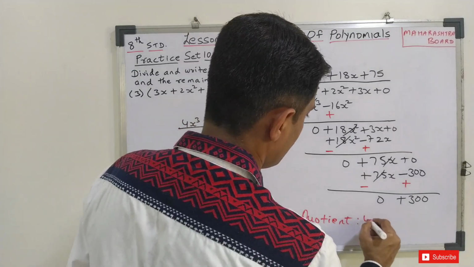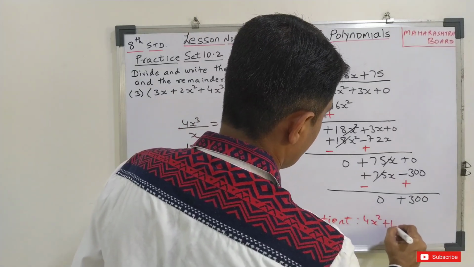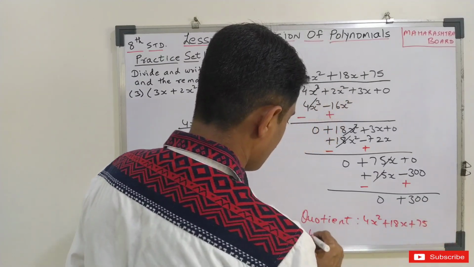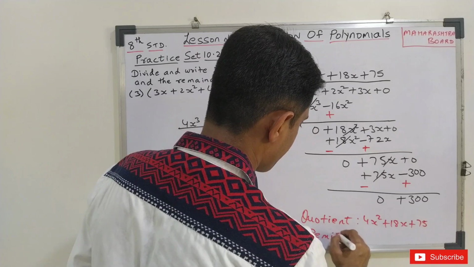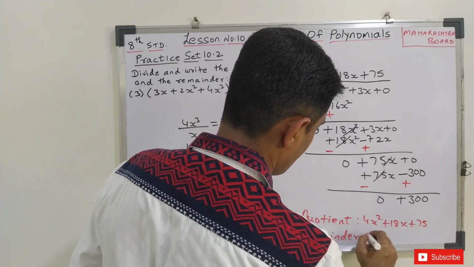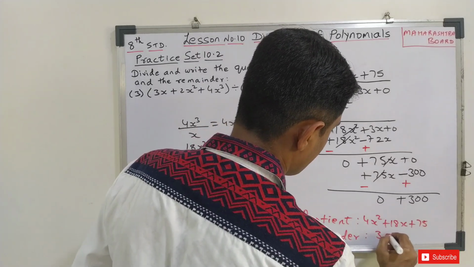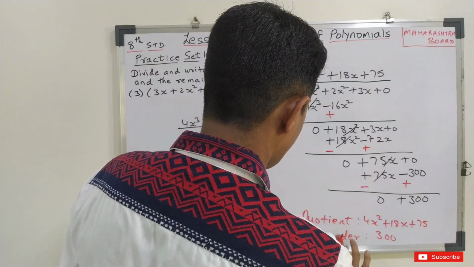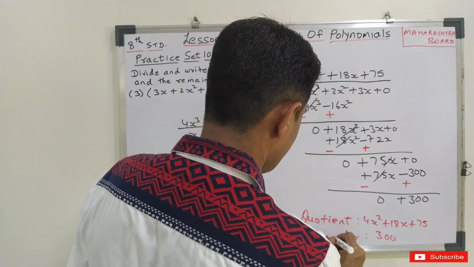What is our quotient? 4x square plus 18x plus 75. And what is our remainder? Our remainder is 300. So this we have done, the writing of the final answer.